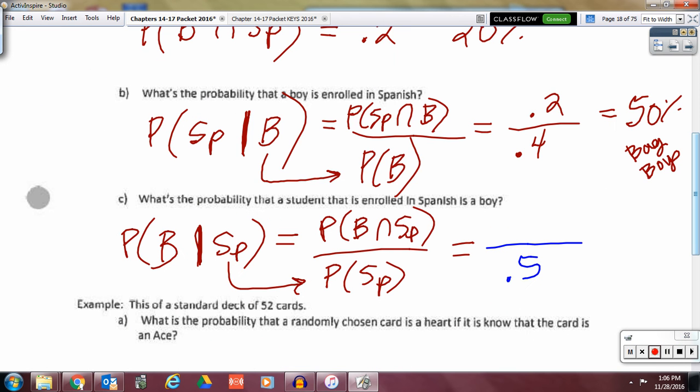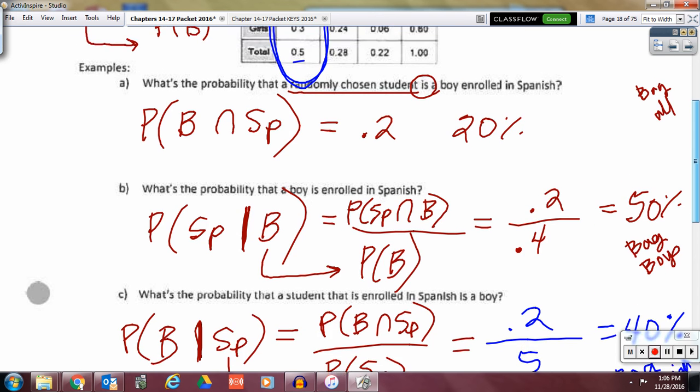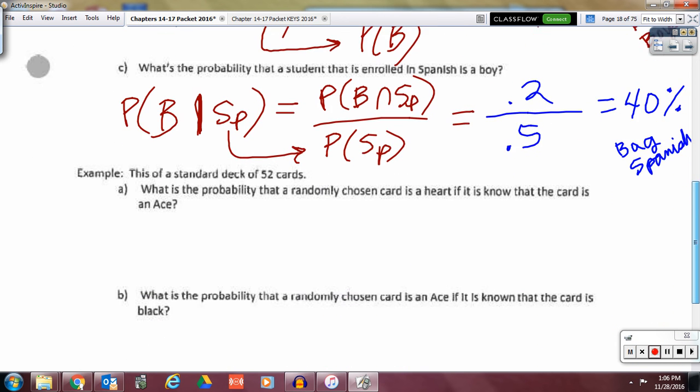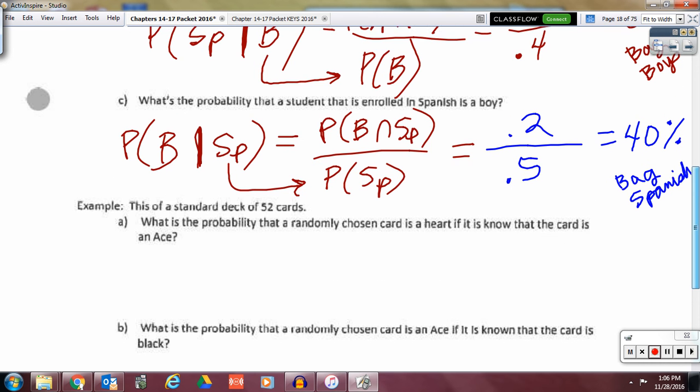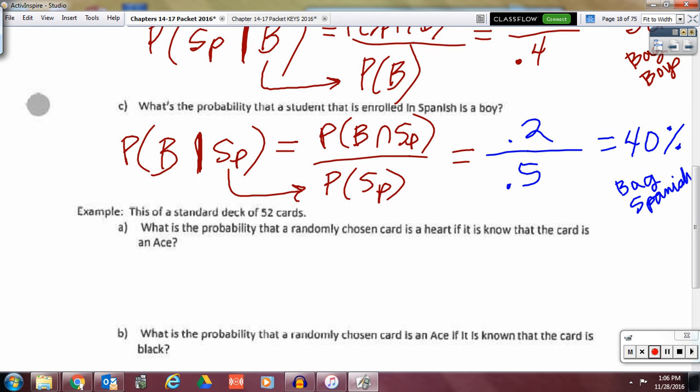Okay, so the 0.2 on top, meaning that 40% chance that if I had a Spanish bag, I would pull out a boy. Okay? So, by the way, what's my bag full of on this one? All the Spanish. Okay, so do you see this is 3 different bags here. That's why I have 3 different amounts. So what I want you to do is try these ones here. I want you to try the proper notation, okay, because that's what we're practicing.